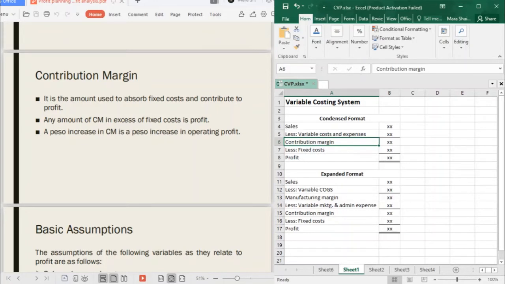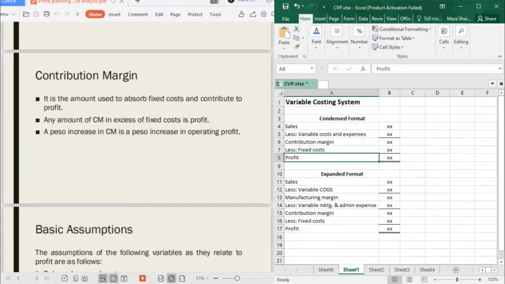Again, that is why it is important for you to know how to determine how much is the variable cost. Given that it is sales less your variable costs, it is then your contribution margin that absorbs your fixed costs and contributes to profit. So, your contribution margin less your fixed cost is of course your profit.